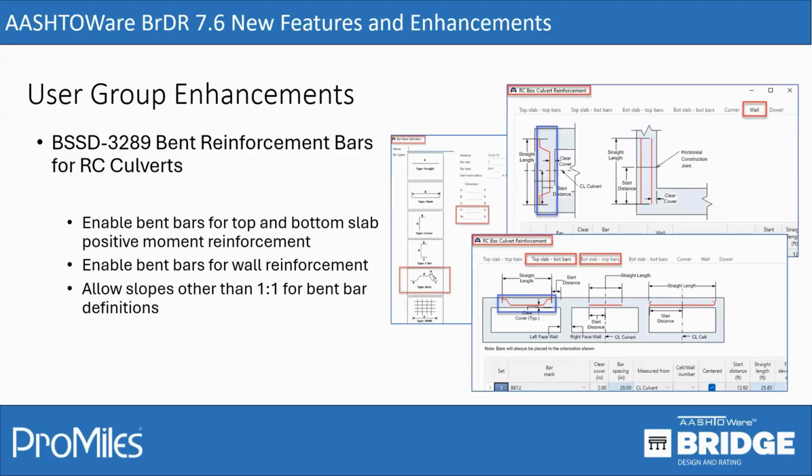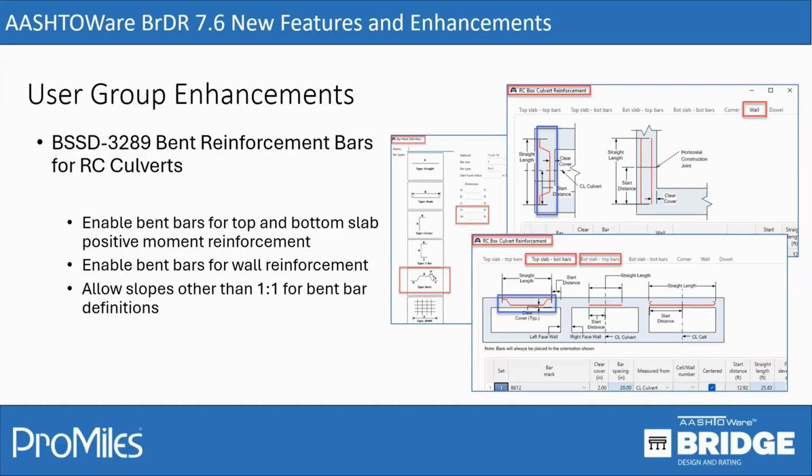All right, so the next enhancement that we have here is the addition of other types of bent reinforcement bars for reinforced concrete culverts. In previous versions, you could define bent reinforcement bars, but they could only be positioned in the culvert for negative moment, because that was a common configuration to use over a culvert wall.